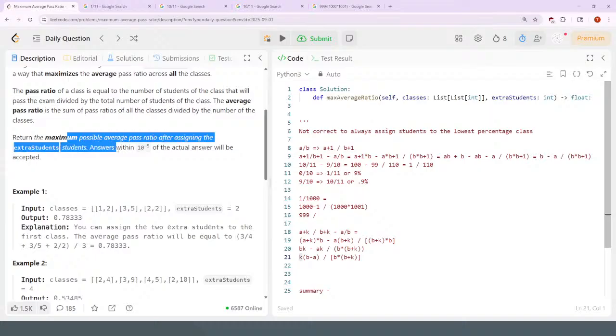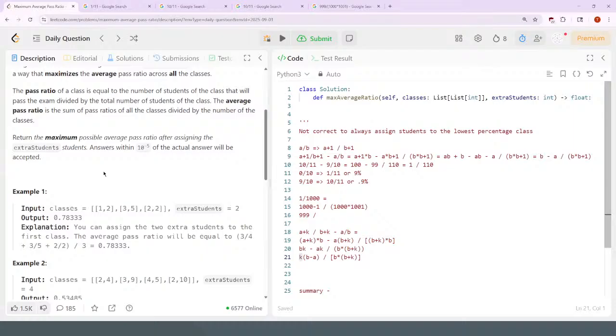This is a little tricky. The maximum possible pass ratio, if I do a binary search for that value, it's a very approximate value. The maximum average pass ratio.